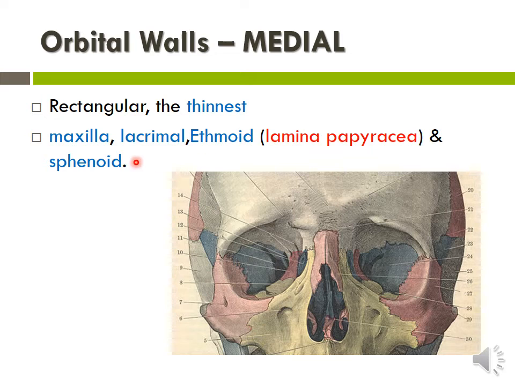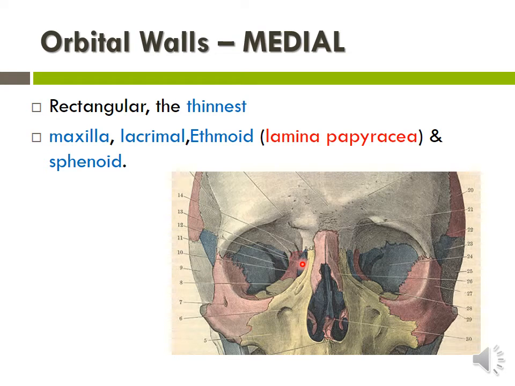I forgot to tell the fourth bone that makes up the medial wall, that is the sphenoid. You can see the lesser wing of the sphenoid is also contributing a small part to the medial wall. So the medial wall has four components: maxilla, lacrimal, ethmoid and sphenoid, or in fact the lesser wing of sphenoid.